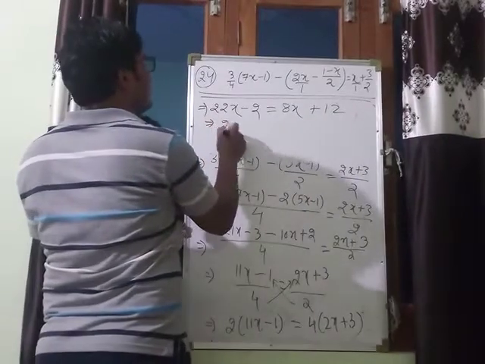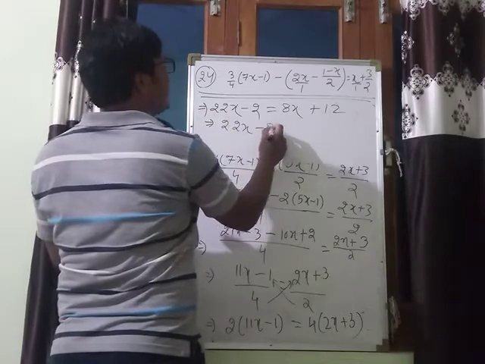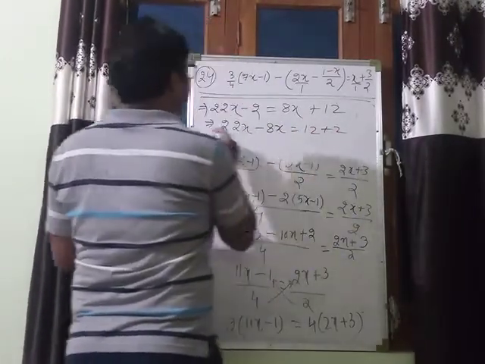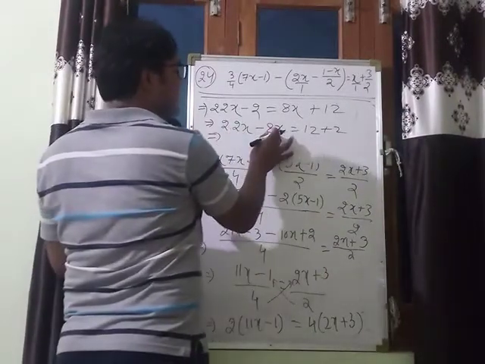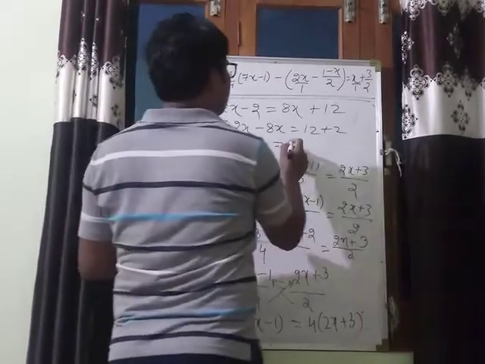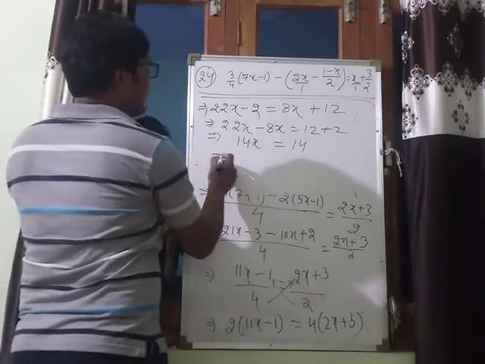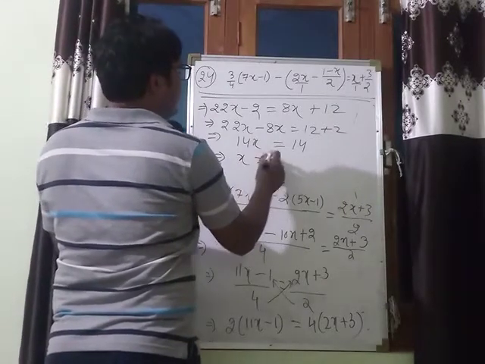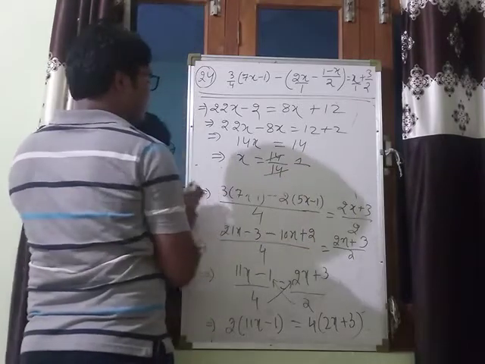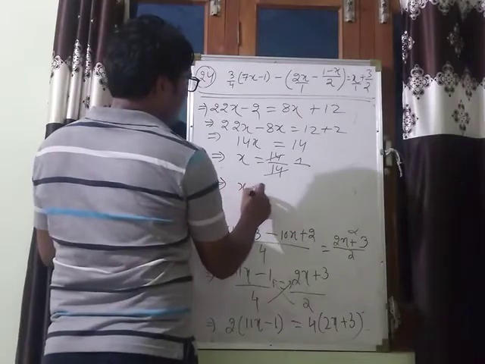So we have 22x, transfer this 8x to the left side, minus 8x, equal to 12, and transfer this minus 2 to the right side, plus 2. So we have 22 minus 8, that is 14x equal to 14. So you can see x will become 14 divided by 14, that is equal to 1. Means our answer is x is equal to 1.